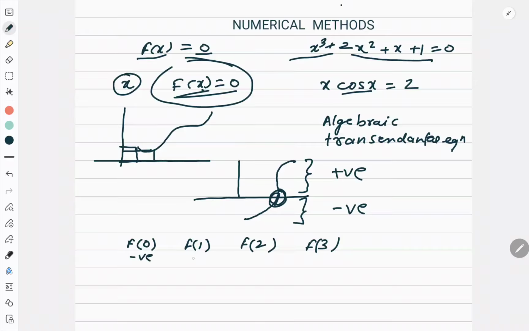Suppose this is negative and this is positive, so the root lies between 1 and 2. Whenever you have a shift from negative to positive or positive to negative, the root will be between those two values of x. Sometimes you will find that it keeps on increasing. In that case you have to check f(-1), f(-2). This way that will give me the boundary in which my answer is sitting.